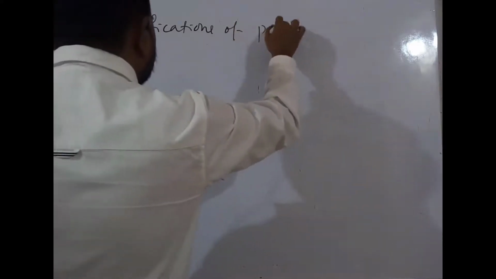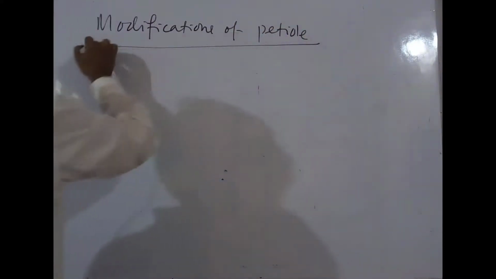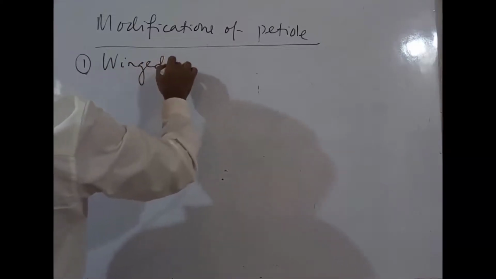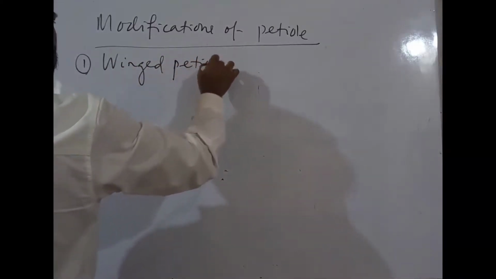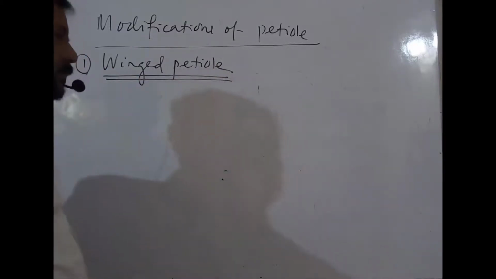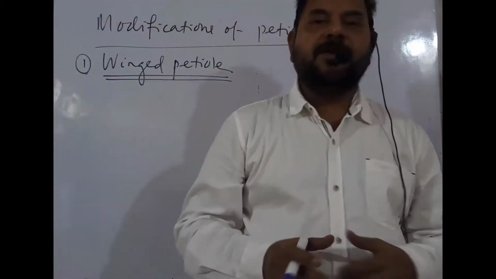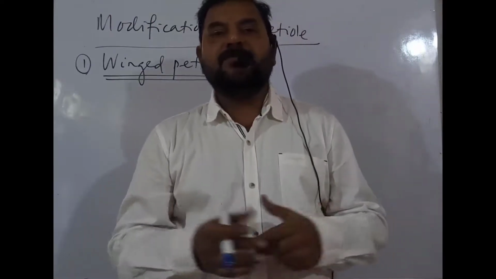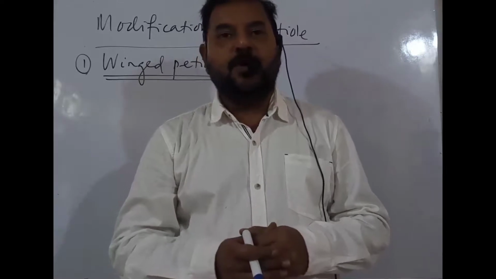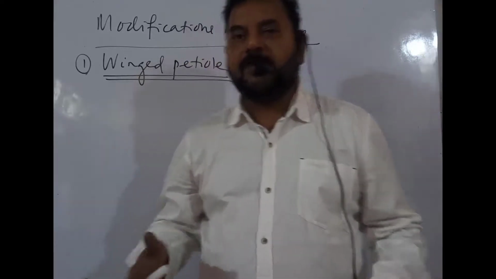So modifications of petiole. The first modification is winged petiole. The petiole becomes a wing-like structure. Petiole is the stalk of the leaf, and various types of modifications are there in the petiole to perform some extra functions.